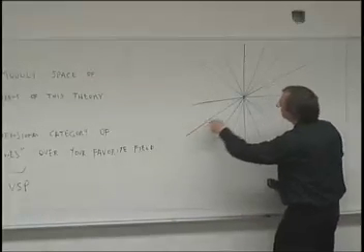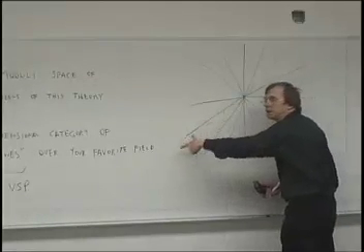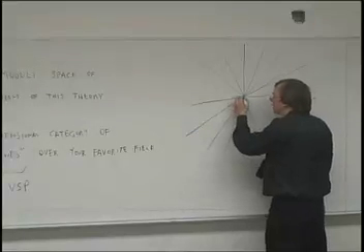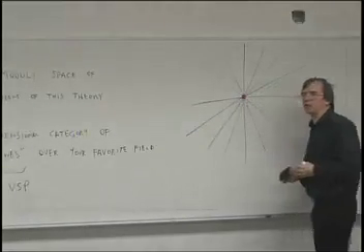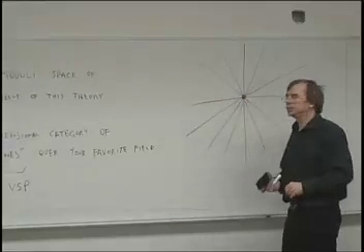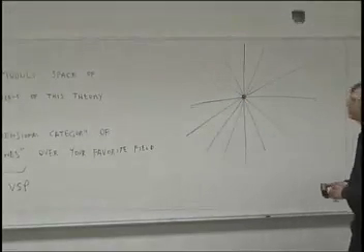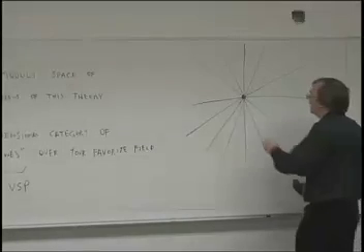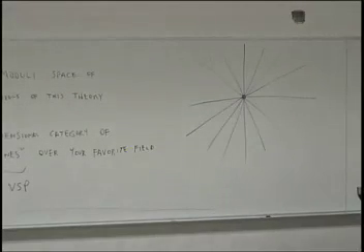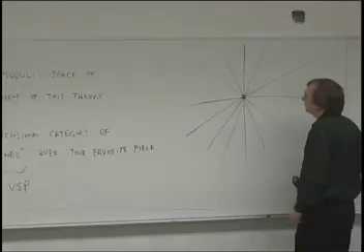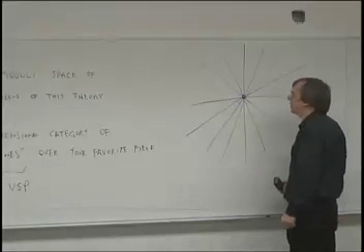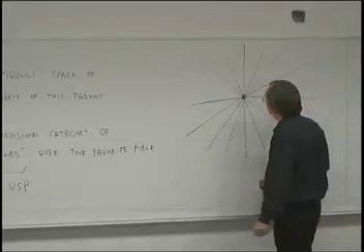All the points on this line count as the same point, except there's one tiny thing you have to worry about, which is that point in the middle that's on all of the lines. Or perhaps, depending on how you think of it, you might think that it's not on any of the lines, depending on how you define what a line is. So algebraic geometers really have to get rid of that point in the middle. They call it the irrelevant point.